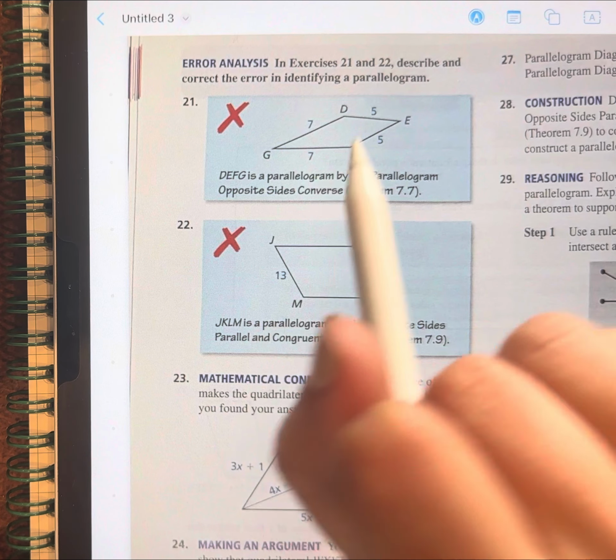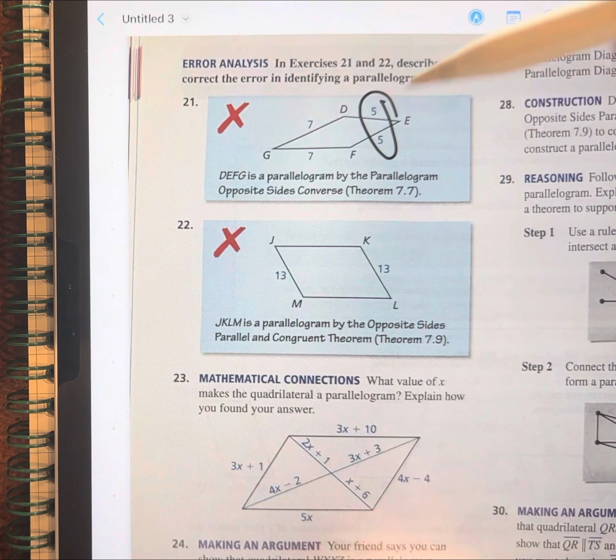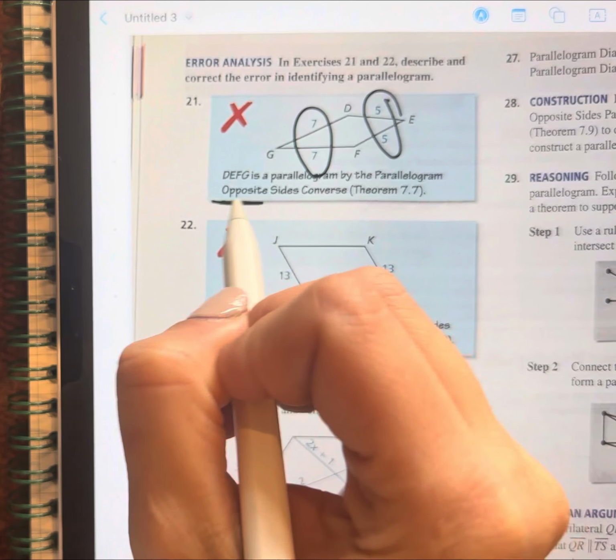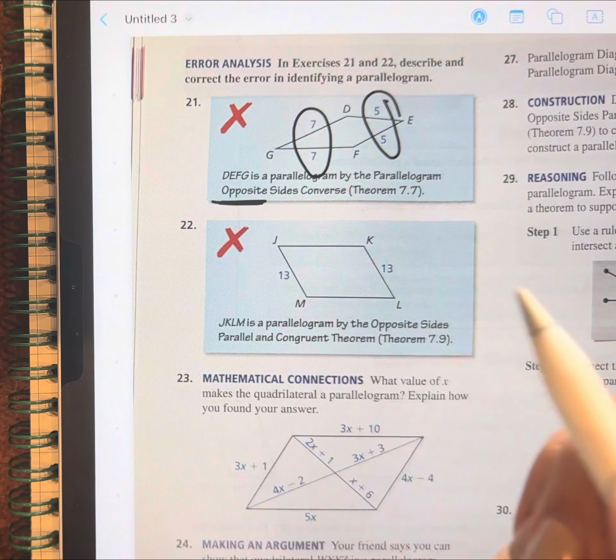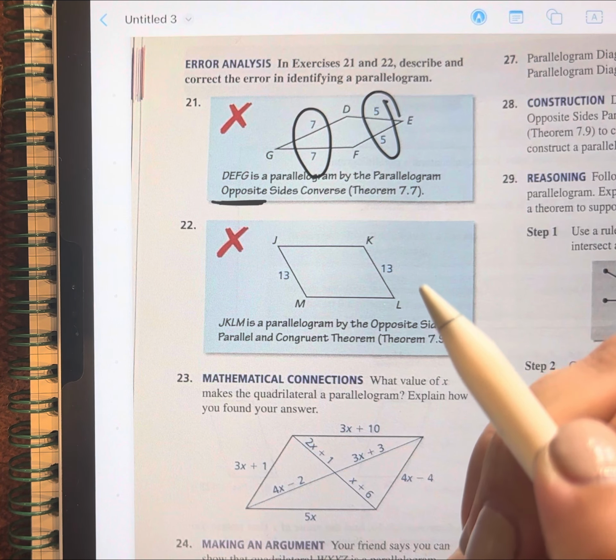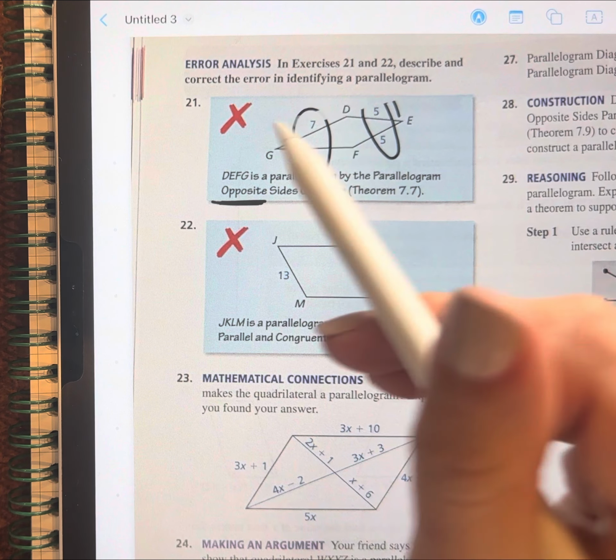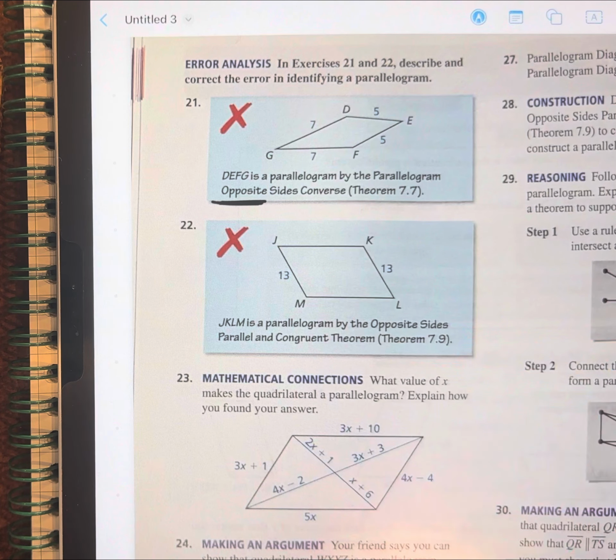I'm looking here. I do see that we have 2 sets of sides that are congruent. But the big question is, are they opposite sides or are they consecutive sides? Because opposite sides need to literally be not touching each other.